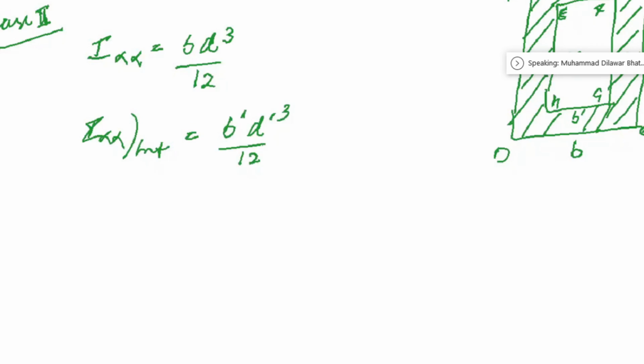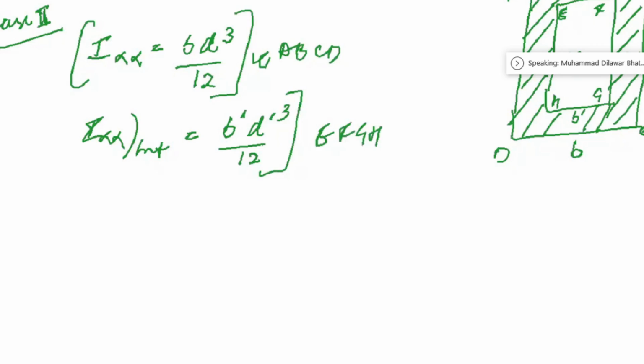And you deduct this external, which is for area ABCD, and this is for EFGH. Okay, your moment of inertia in this case will be simply equal to bd cube by 12 minus b dash d dash cube by 12.